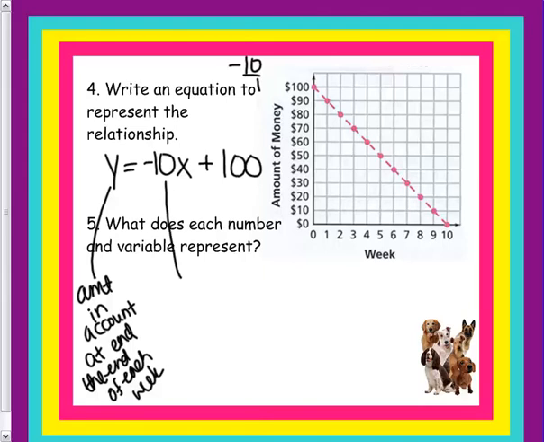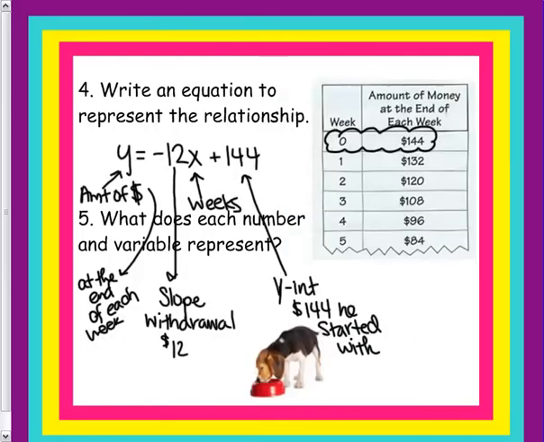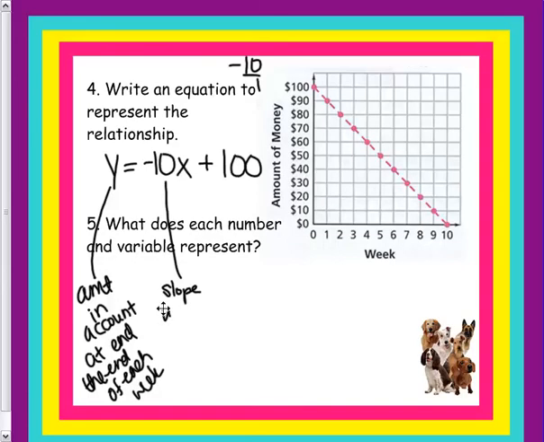That negative 10 represents the slope, or just like in this problem, it represents a withdrawal of $10 every week. Which is a negative 10.